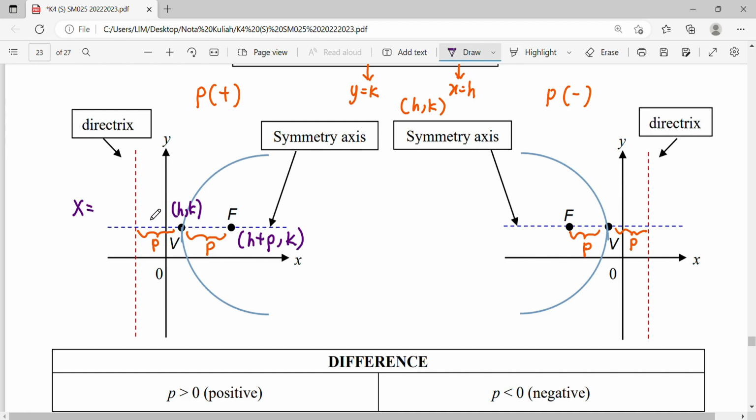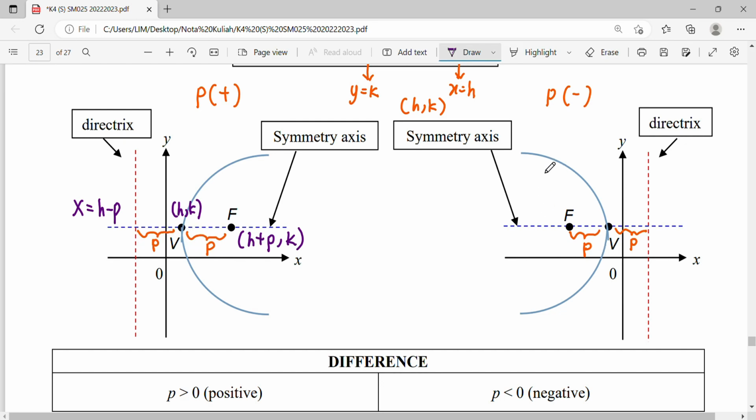What is the value? We can observe here, this is our vertex point, and we have p units to the left. So this x value will be h minus p. To the right we add, to the left we subtract this p unit.